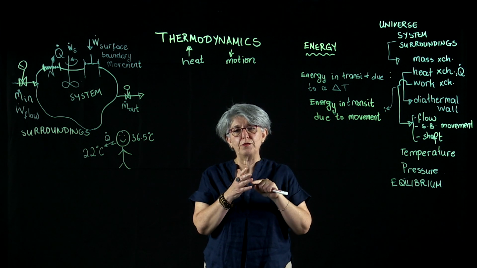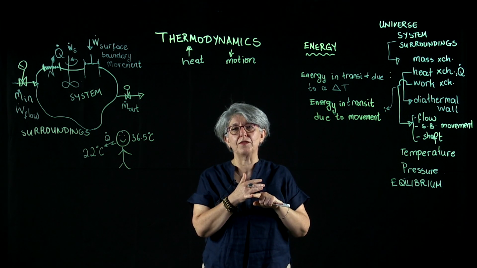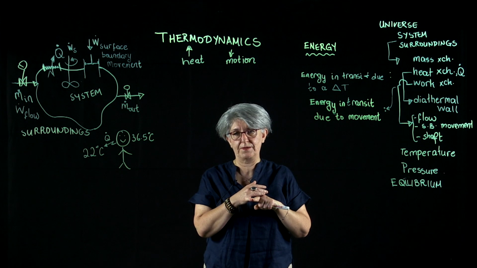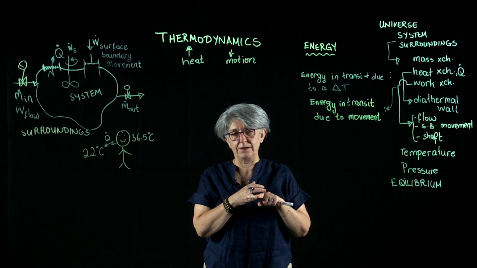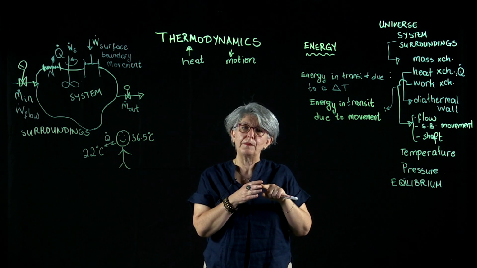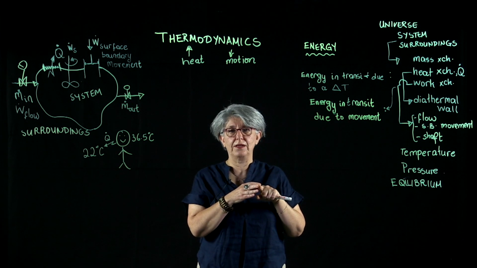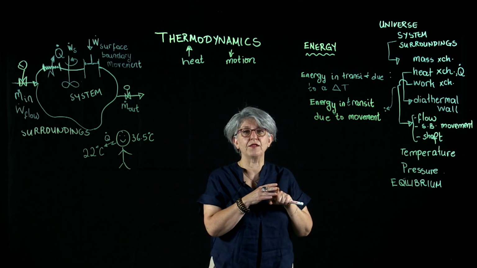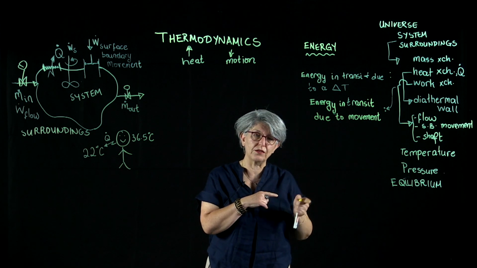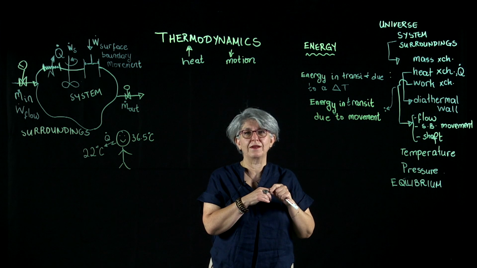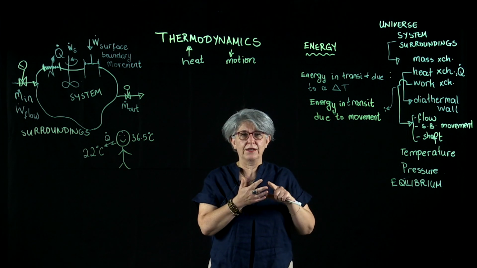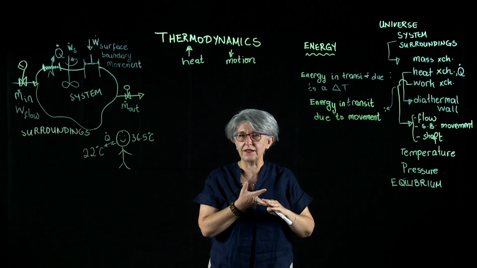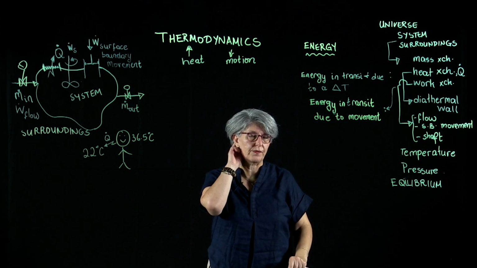Now, from the courses of physics, we've learned kinetic energy. We've learned potential energy. We will pay a lot of attention in this course, in these video series, to internal energy, but there are other forms of energy, such as nuclear energy, such as electromagnetic energy, and so on and so forth.